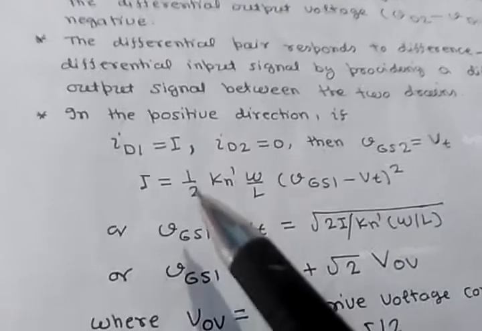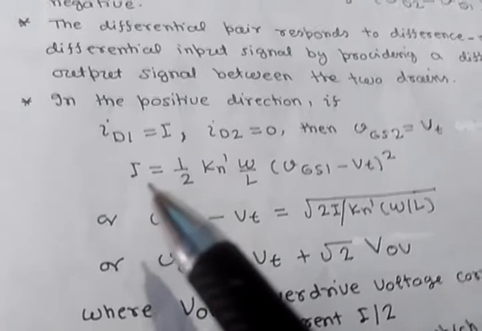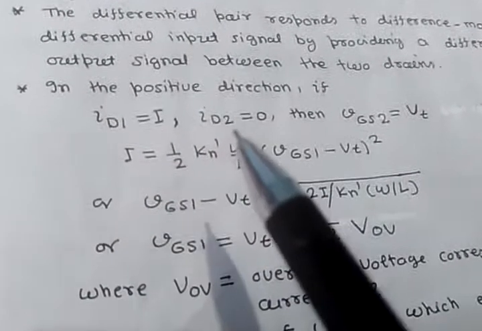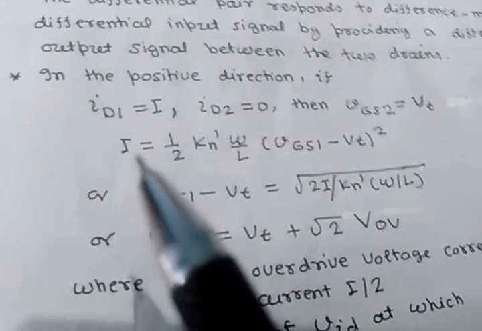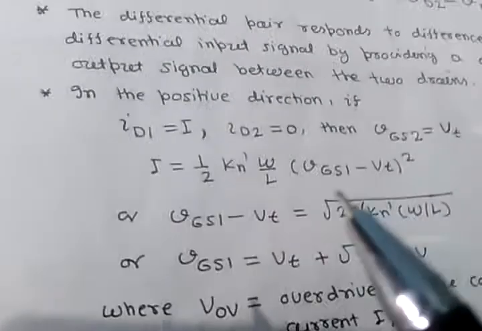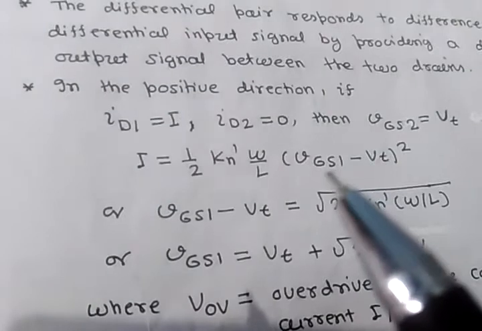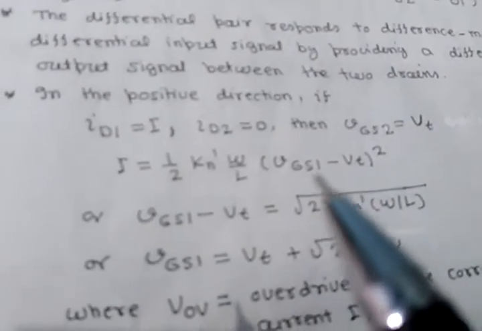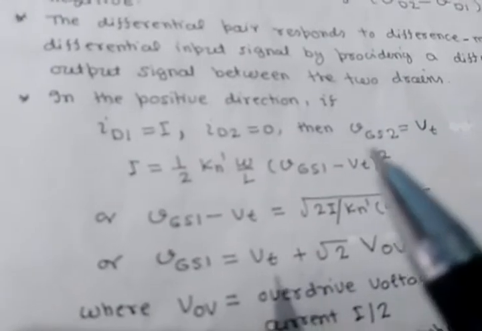In this equation, consider the case of ID2 equals 0, put I equals 0 here, and in place of VGS1 write VGS2. So VGS2 will be VT here.